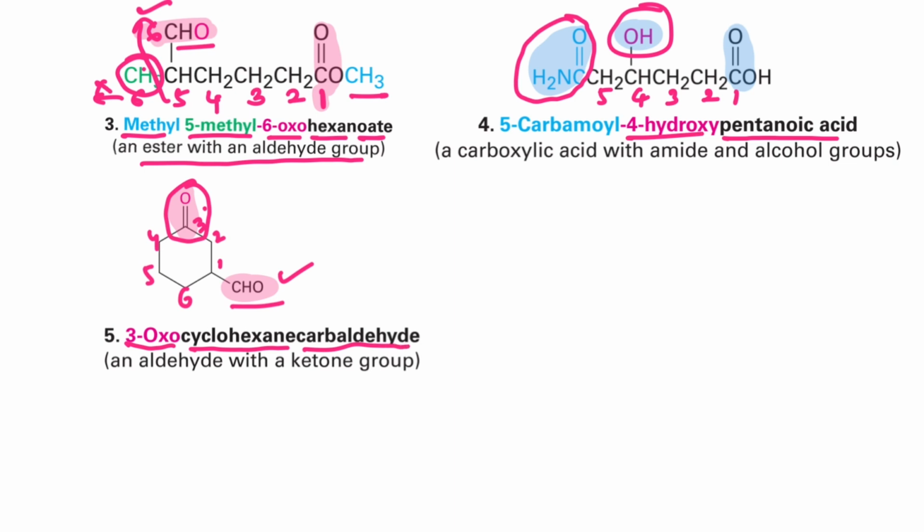This carbon is not counted in the principal carbon chain, therefore we have to use carbaldehyde. When this carbon is counted, at that time we can use -al as a suffix. Therefore this is an organic compound, an aldehyde with a ketone group.